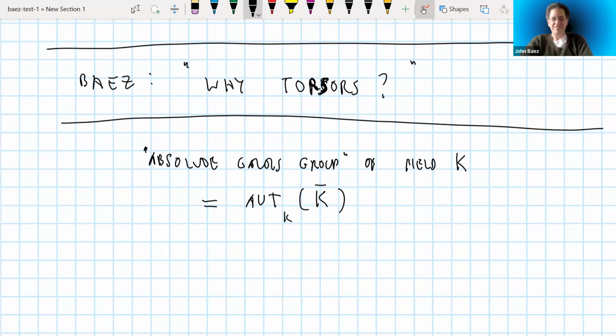Okay, so pi. And on the other hand, a good letter for a group is G. So we'll consider G torsors, but over this space, or if you prefer principal G bundles, over this space that has fundamental group pi.